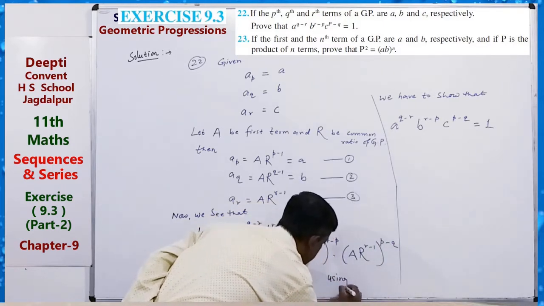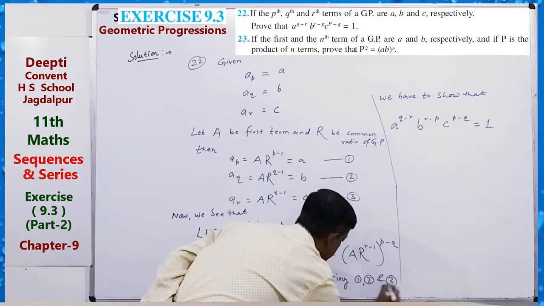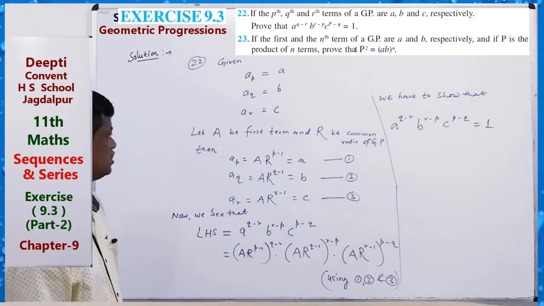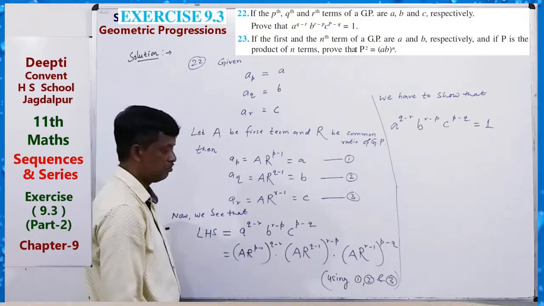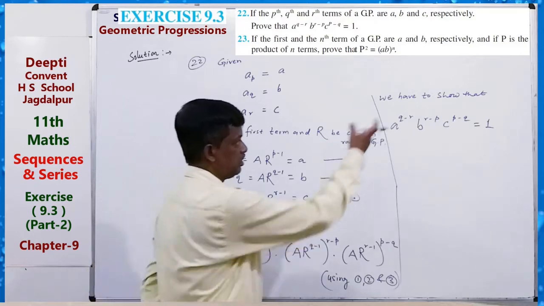Clear? Now we can solve it completely by the power rule and product rule. We can get right hand side 1.